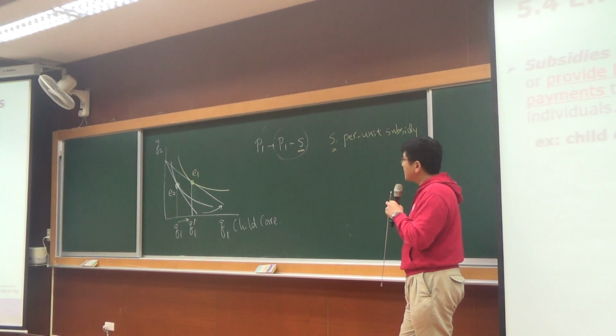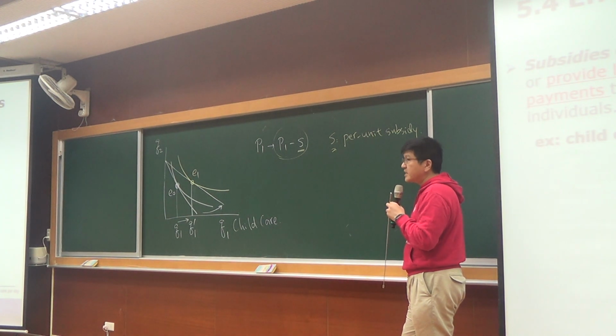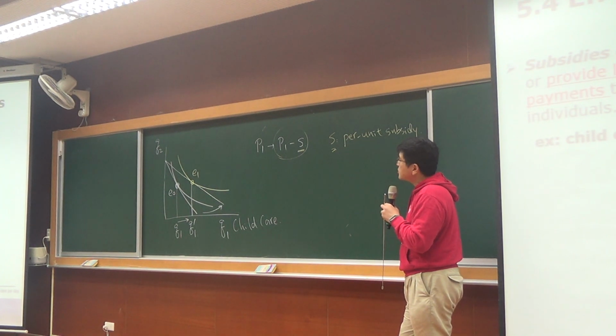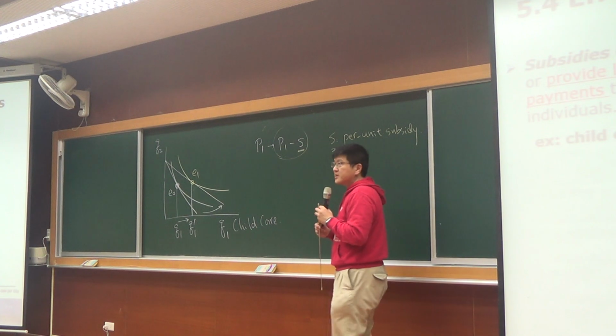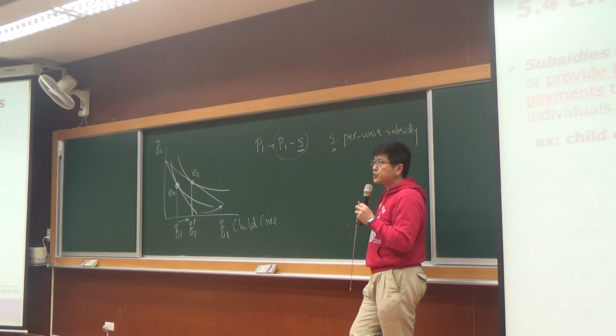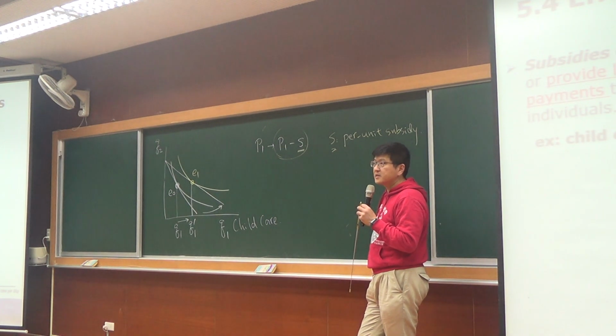So if you have made this promise, which quantity, Q1 or Q1 prime, is the base on which you should subsidize?